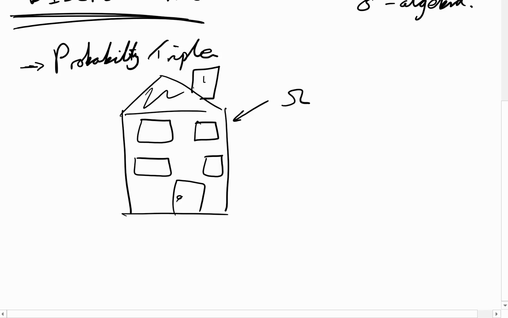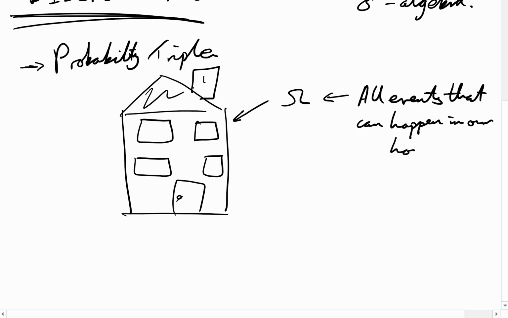Every single thing, every possible event which can happen in this house, I want to call that sigma. So this is all events that can happen in our house.